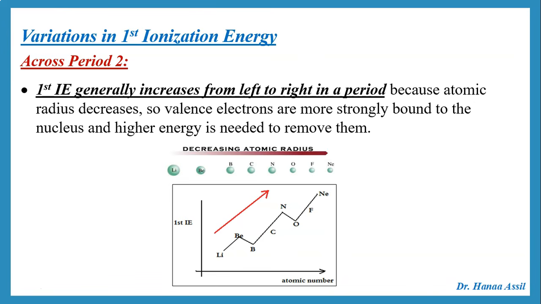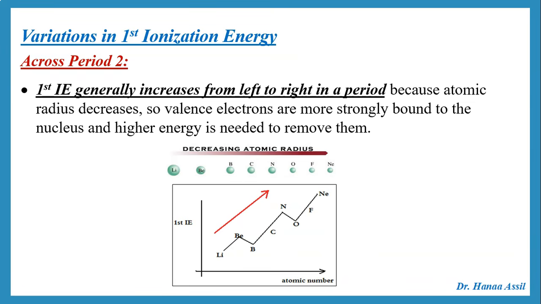You should remember that when we go across a period from left to right, what is happening is the number of protons in the nucleus is increasing. But we're attracting the same number of shells. So going from left to right, the number of protons is increasing.